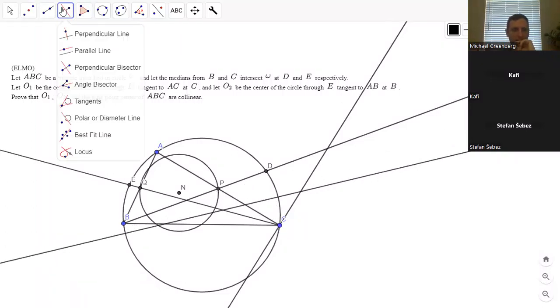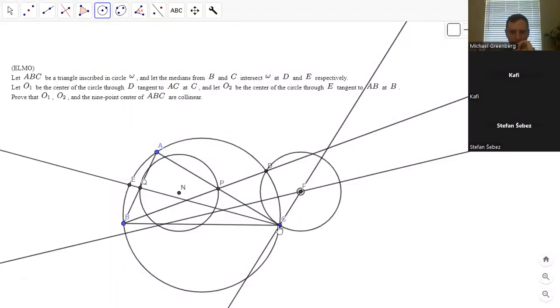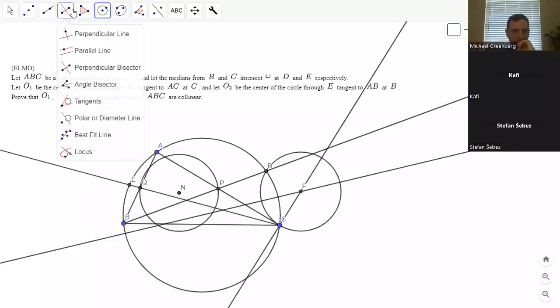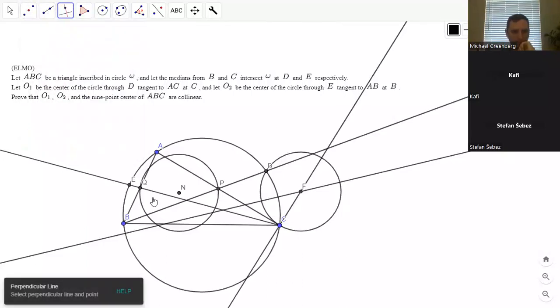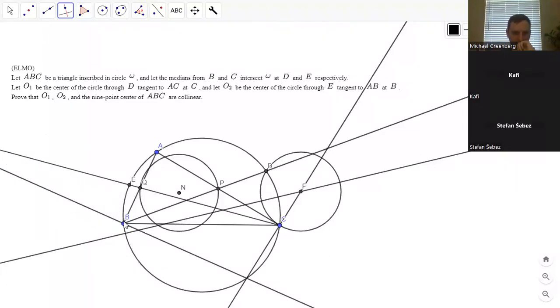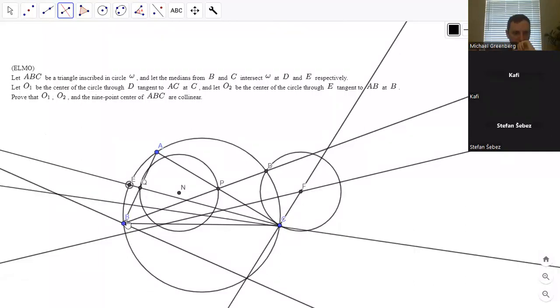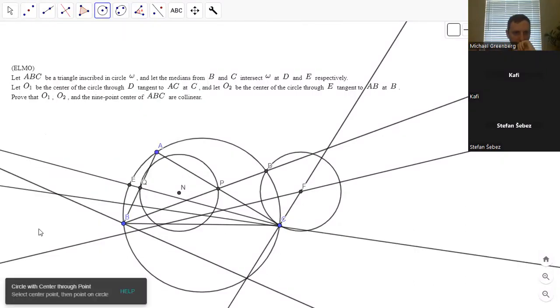So we have this circle. And then we can do the same thing on this side. Through E, tangent to AB. No, we want it tangent, perpendicular to AB. Like this. So we have this circle.